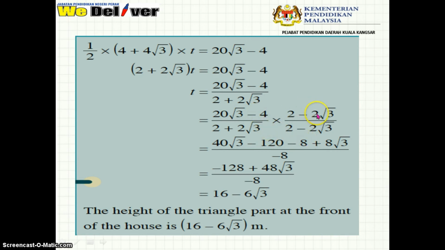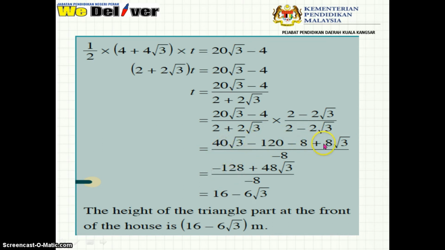Negative 4 times negative 2 surd 3 becomes 8 surd 3. Okay, and then the denominator: 2 times 2, 4. 4 minus 4 times 3. So 4 minus 12 equals negative 8. So negative 120 minus 8 equals negative 128.